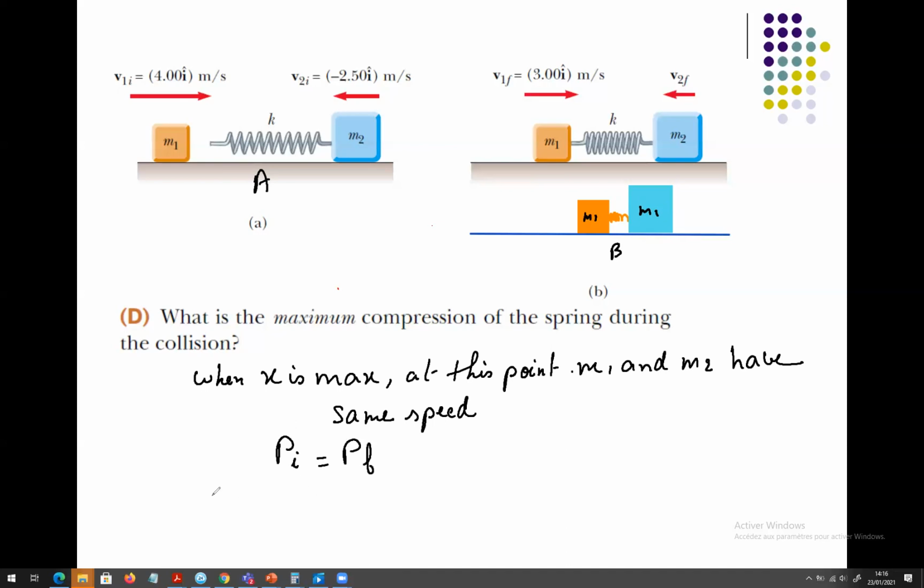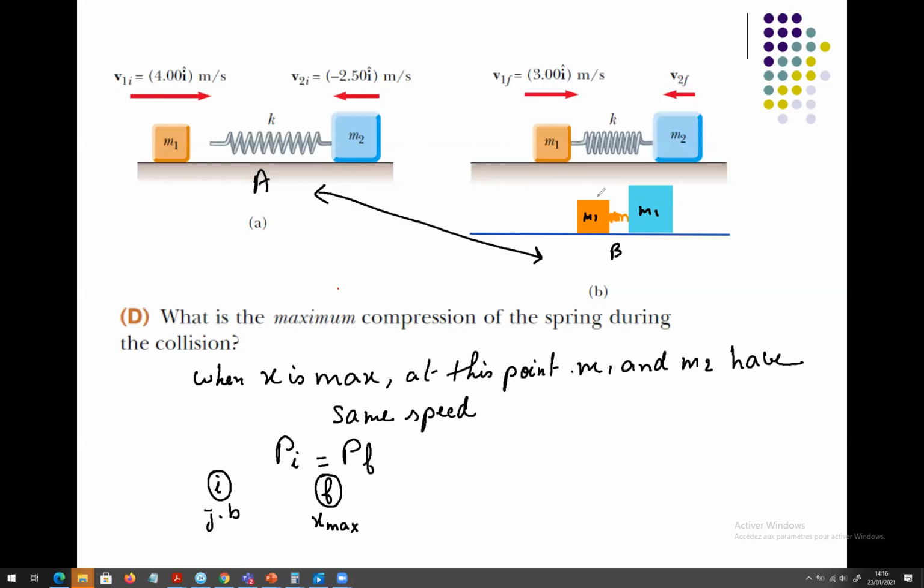P initial is state A just before collision, and the final state is when we have X maximum. So we can use this relation. Maybe you can solve this problem with two methods. Let's write this relation between this one and this one.